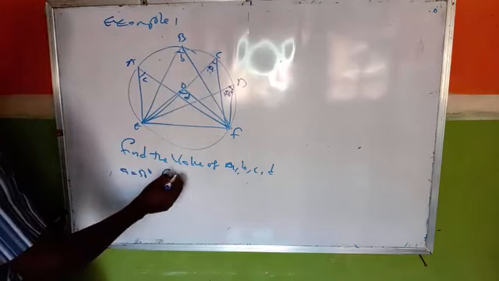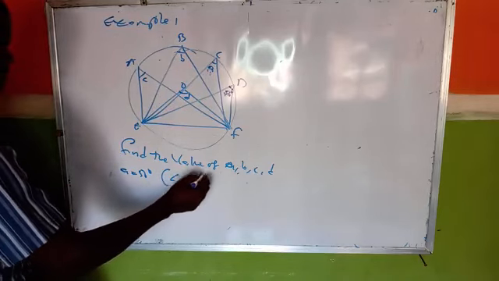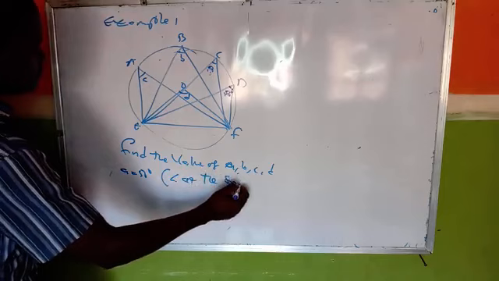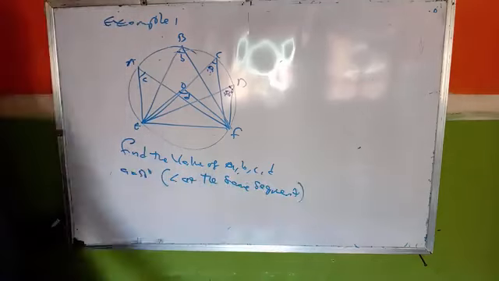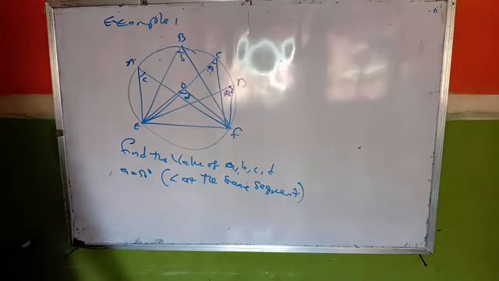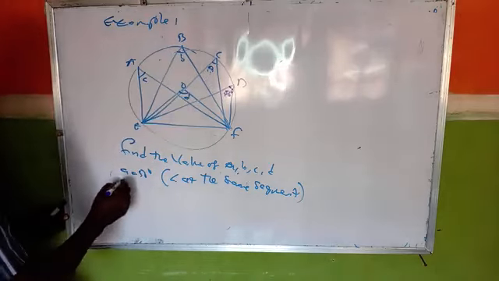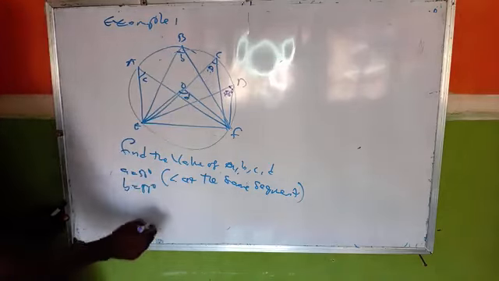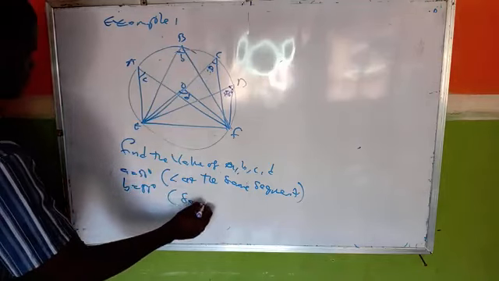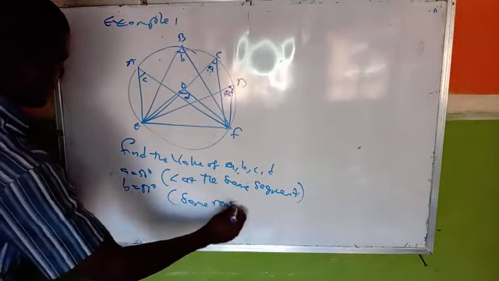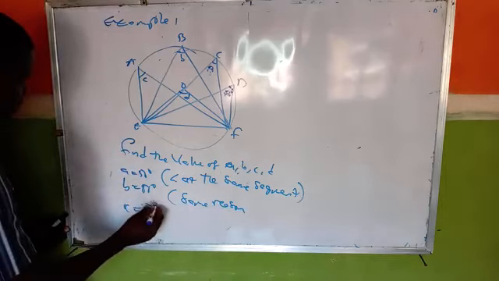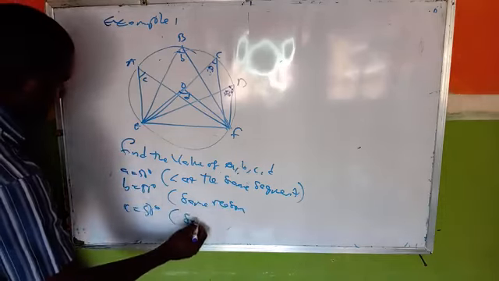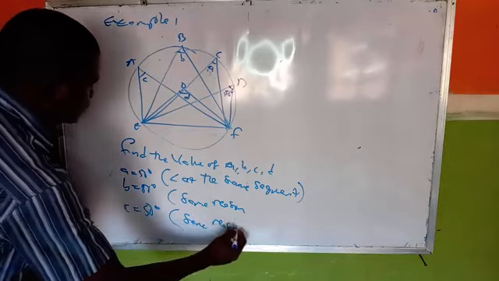So it's angles at the same segment. You just put the proof there like that. The same thing with B, 50 degrees, same reason. The same thing with C, 50 degrees, same reason.